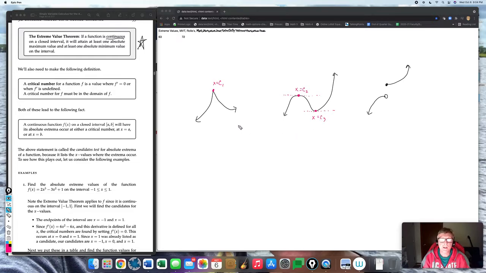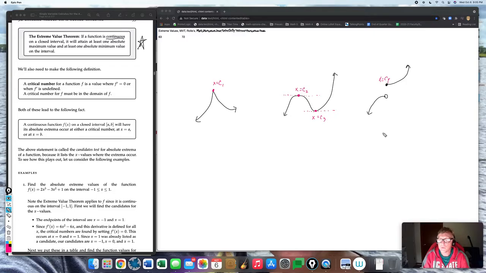Okay, and if a function is not continuous, then it's automatically not differentiable, right? The derivative doesn't exist at this point because it's discontinuous. So differentiability implies continuity, but if you're not continuous, then you can't be differentiable. So over here, let's say at this point we have x equals c4, and the y value of c4 would be where this closed dot is.